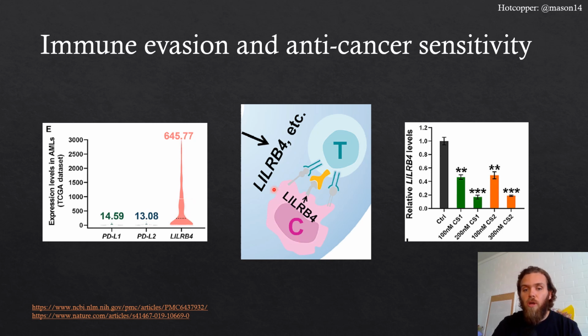So going over to this figure here, a cancer cell that has a high production of LILRB4 is going to bind, similar to the mechanism of anti-PD1, to a receptor on the T cell, our immune cell.